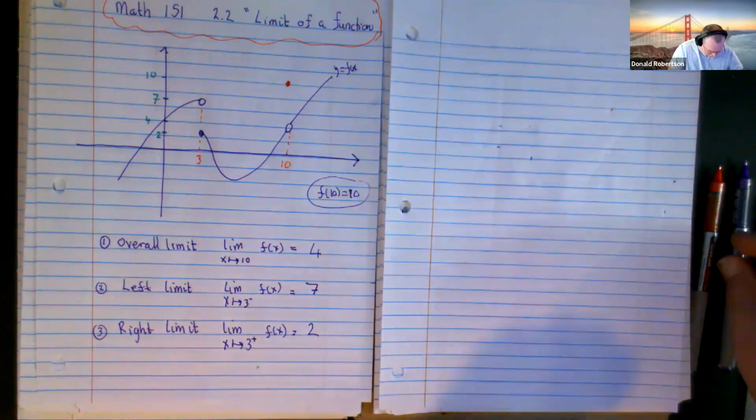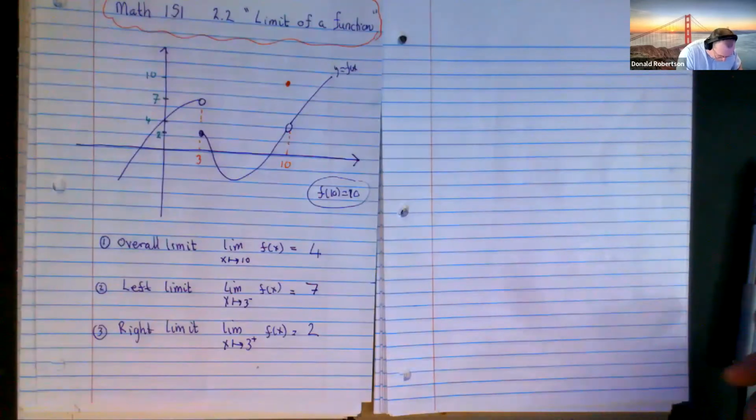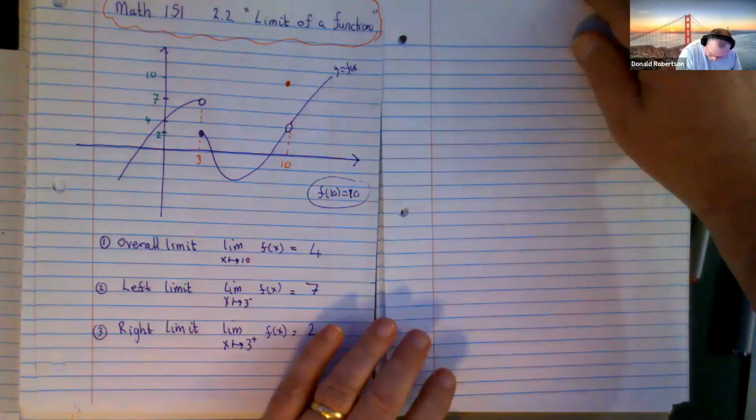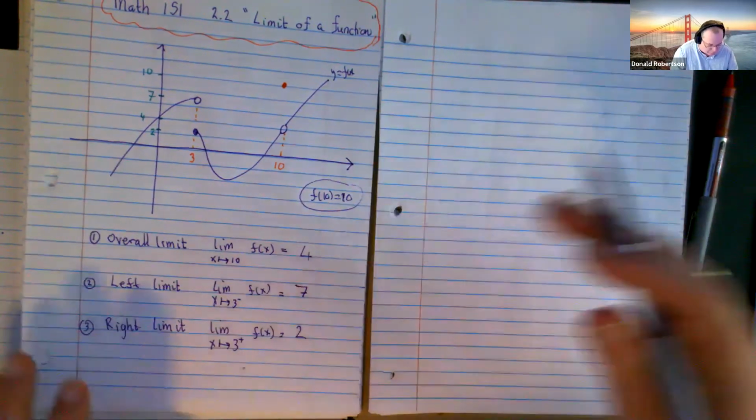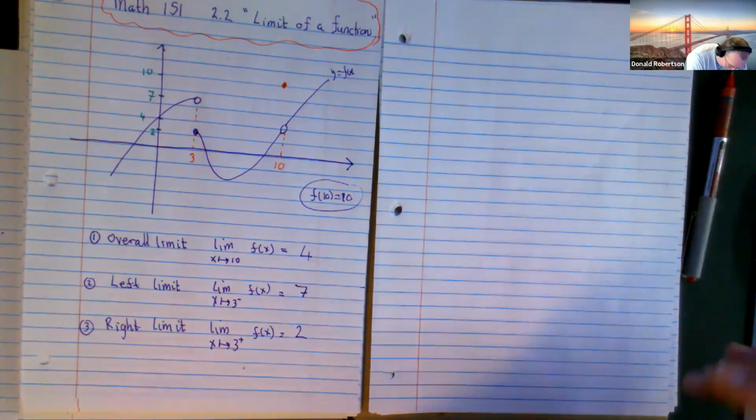So we're now going to talk a little bit about the names that we give to certain types of vertical asymptotes.